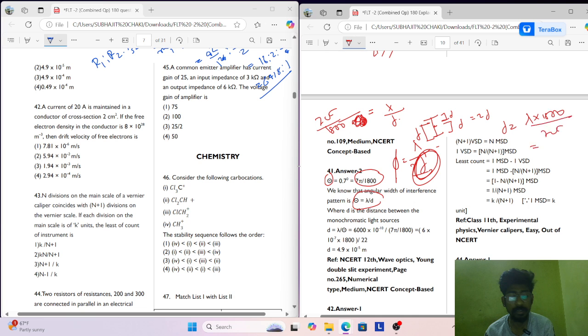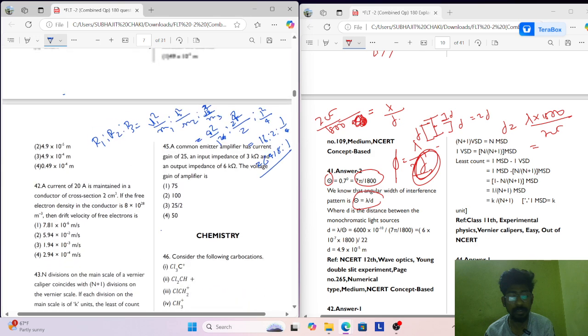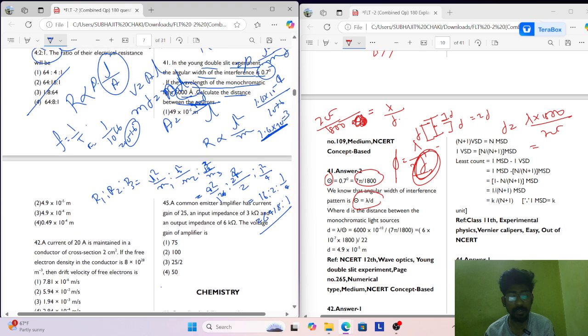Value of lambda is given, I guess, 6000 angstrom. 6000 into 10 to the power minus 10, into 1800 divided by 7 pi.